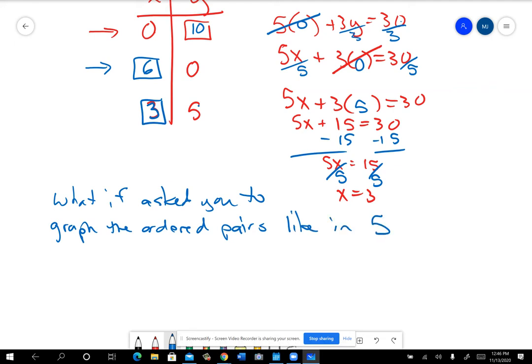So if they asked you to graph those ordered pairs, that number 5 was actually multiple choice. So you just had to make sure you had it straight. So you would have looked for a point up here at 10. Then you'd look to make sure there was a point over here at 6. And then a point right there at 3, 5.